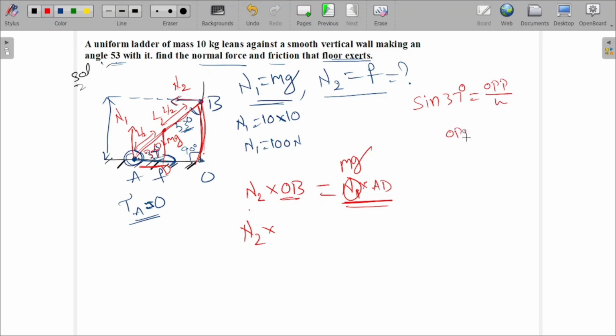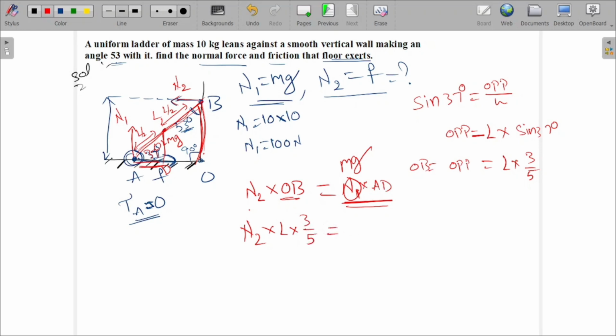So opposite side equals sine 37 into hypotenuse. The hypotenuse is the total length L. So L into sine 37, which is L into 3 by 5. This opposite side is nothing but OB, so OB is L into 3 by 5.